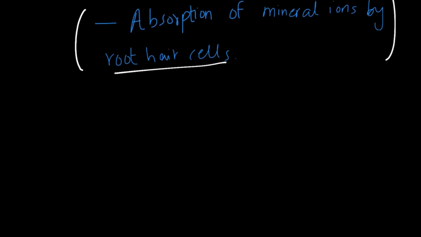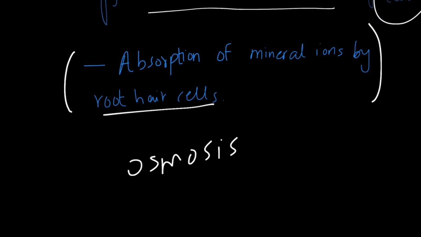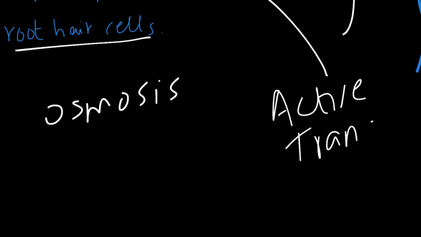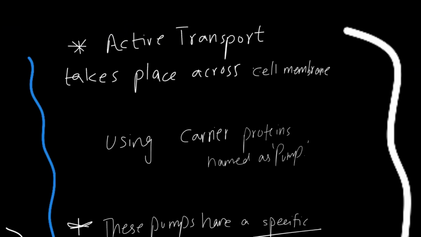So water in the root hair cells travels by osmosis, and the mineral ions in the soil travel through active transport, right?